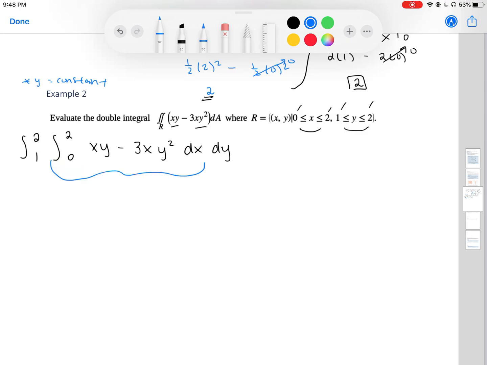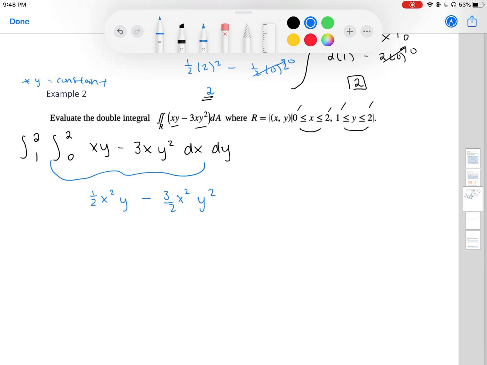All right, so the antiderivative of x is 1/2 x squared. And we have to bring along that y. Minus 3 x squared over 2 y squared.